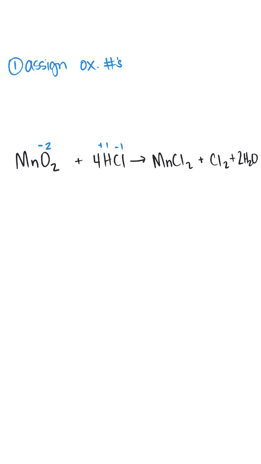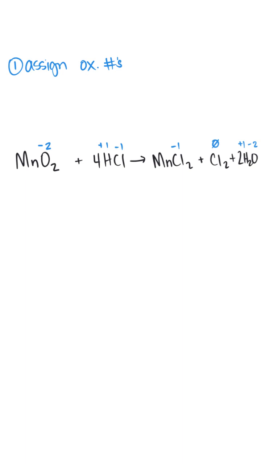We don't care about those. We just care about if I have a single compound, what is its charge. All right, so chlorine is a -1 because it's in group 7. When it's by itself, Cl2 is a diatomic, it's 0. Here, hydrogen's +1, oxygen is a -2.